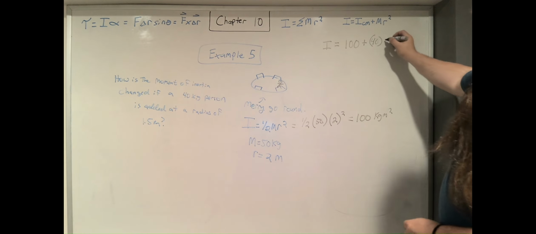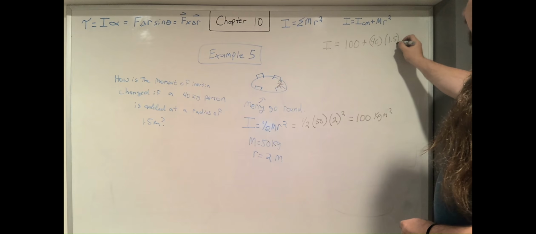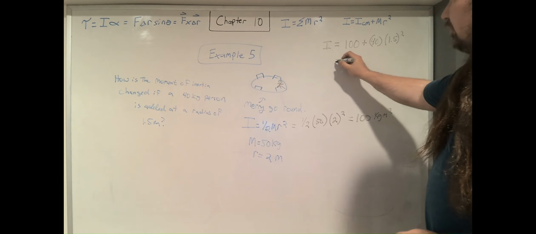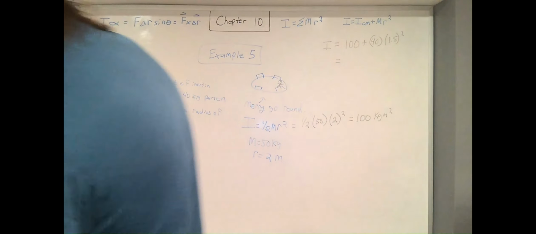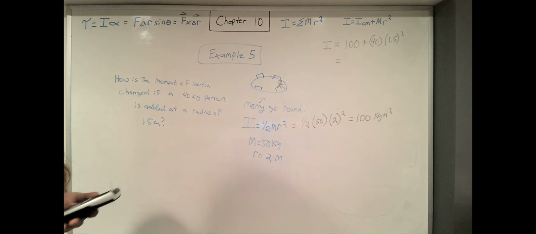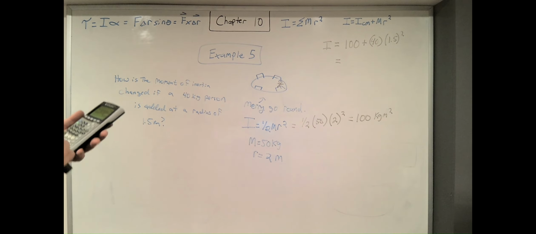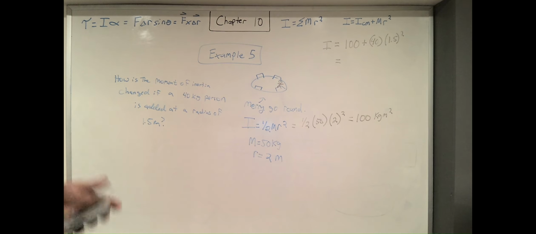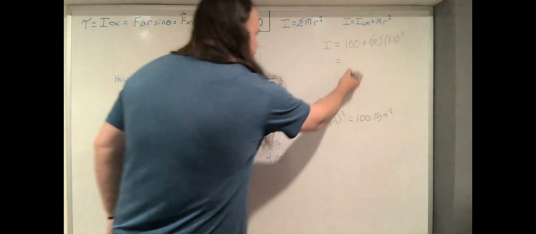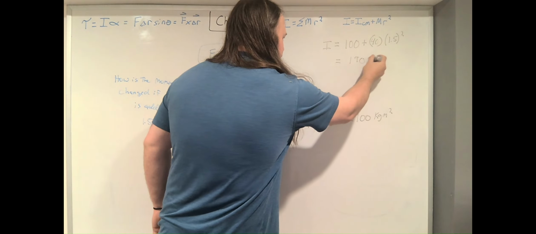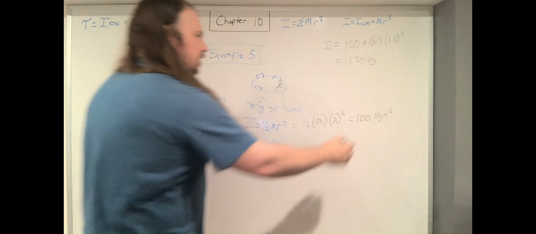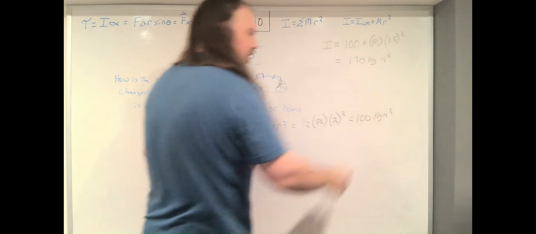Their radius, which is going to be 1.5 squared. So the new moment of inertia is going to go up. Moment of inertia going up means it's going to be harder to rotate. If we do this out, we have 190 kilogram meters squared.